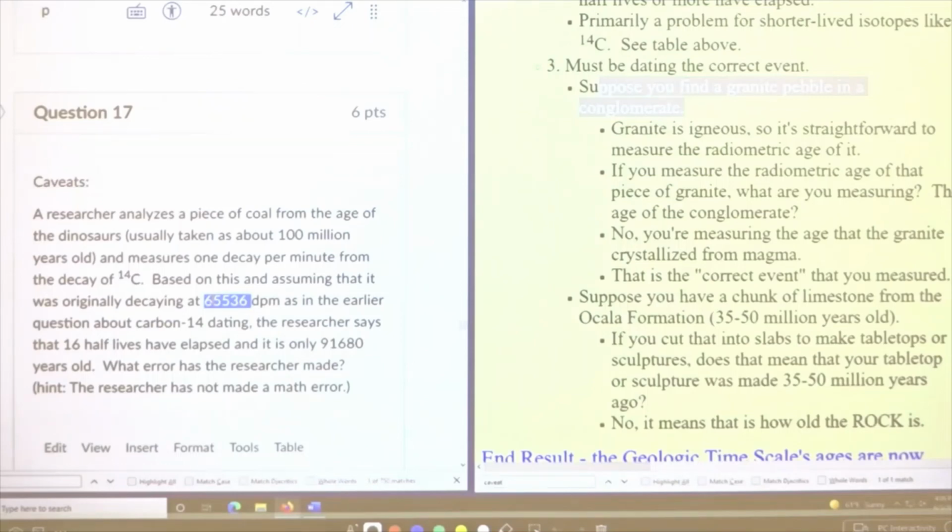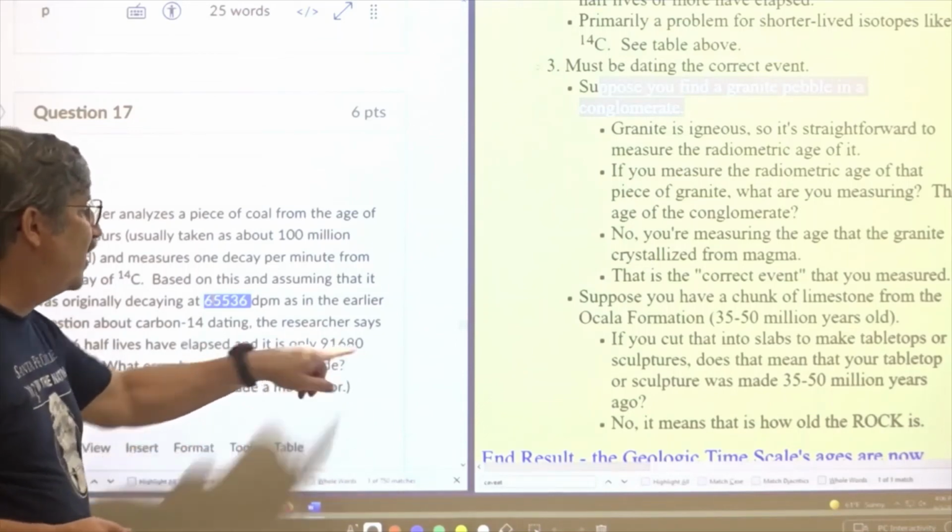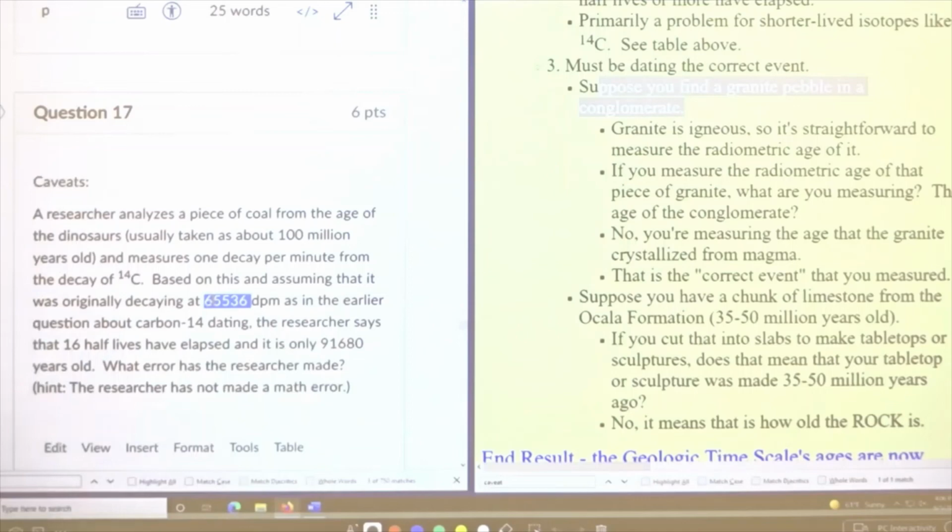And if you take 16 and multiply it by the half-life of carbon-14, which is 5,736 years, you're going to get 91,680 years. And you're going to say, wait, that's way less than 100 million years. And so you might say, well, that means that the geologic time scale is all messed up and that there were dinosaurs 91,000 years ago.